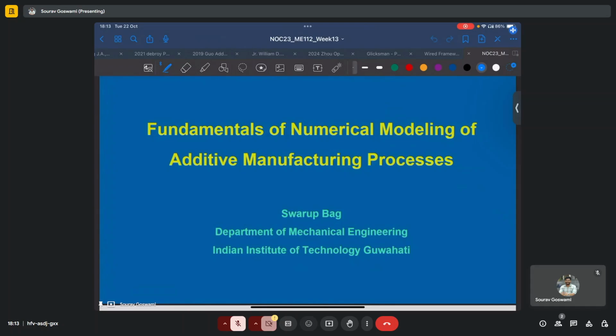Now, in successive weeks, we have also looked at various additive manufacturing processes, mostly by breaking them down at the subsystem level. Say, what was the powder feeding subsystem, what was the scanning system, what was the optics, and so on. What was the build environment like?